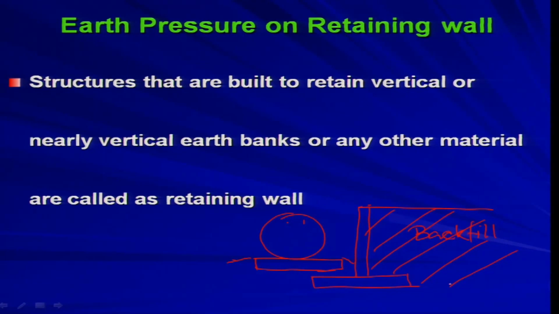This filled up soil is known as backfill, and it is retained by this wall. That is why this wall is known as a retaining wall. This backfill surface may be horizontal or may be inclined.